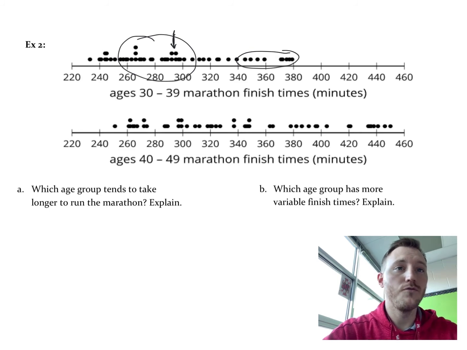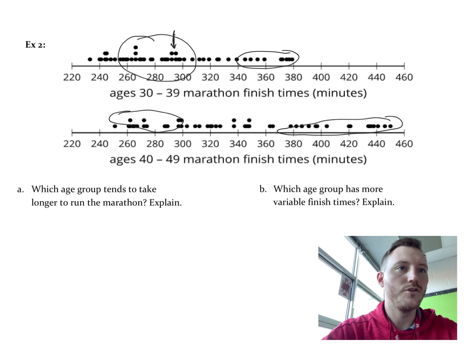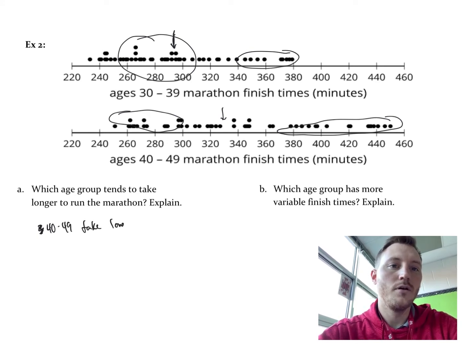And then for 40 to 49, we see that there are some low numbers here, but our mean, or middle number, is probably right there. So I'm going to say 40 to 49 take longer, because the data is more spread out.